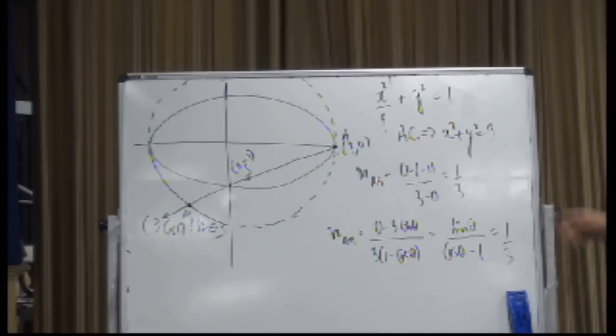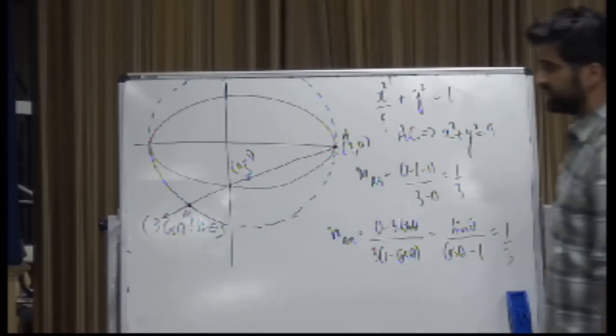So this is what you are getting. Sin theta upon cos theta minus 1 is equal to 1 by 3. Okay? Can you solve this trigonometric equation? Do you understand till here?